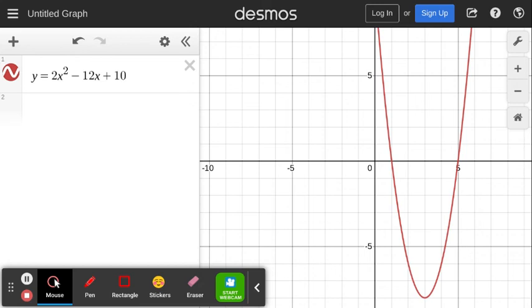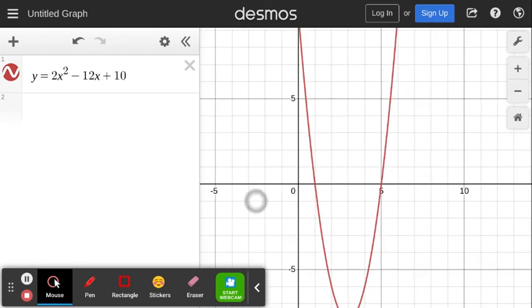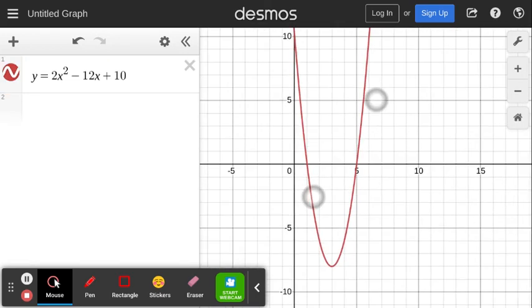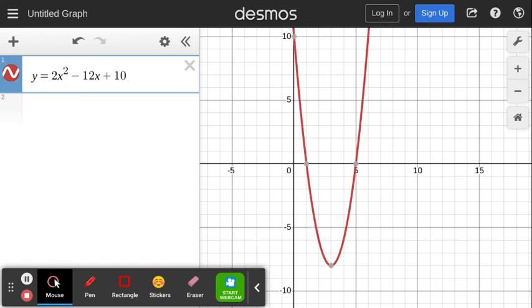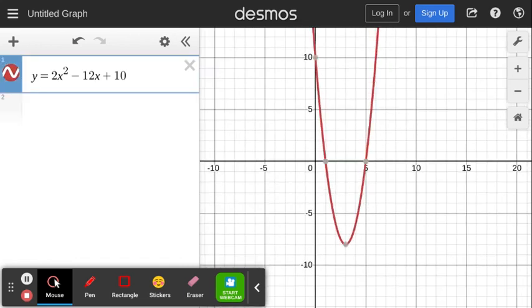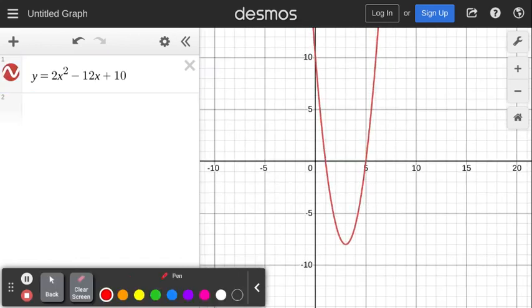Remember, the problem is saying that you have a diver. So you're standing up on some platform or something. You dive in the water and you dive down and then you come back up. So what this represents right here is our dive. The guy or gal is here.